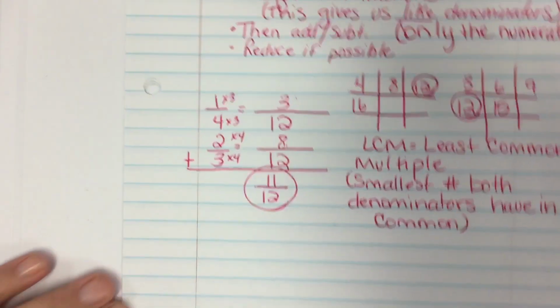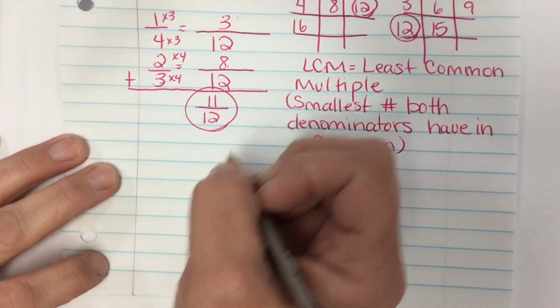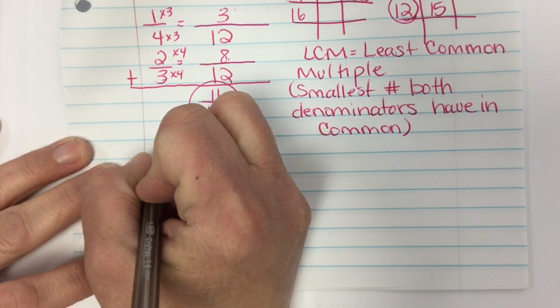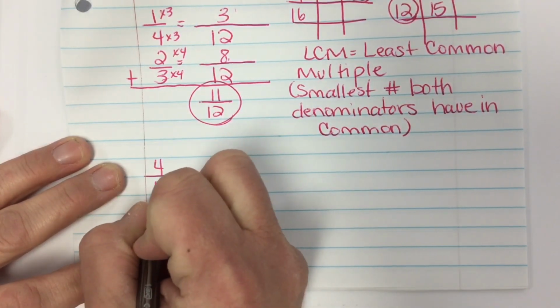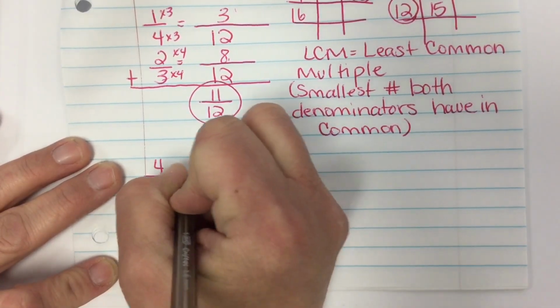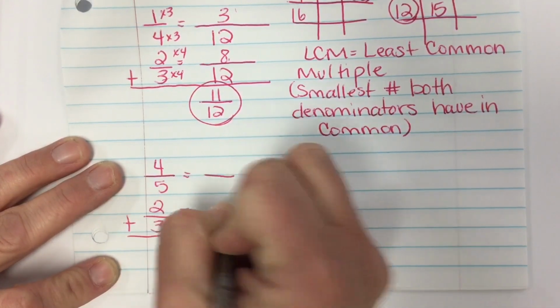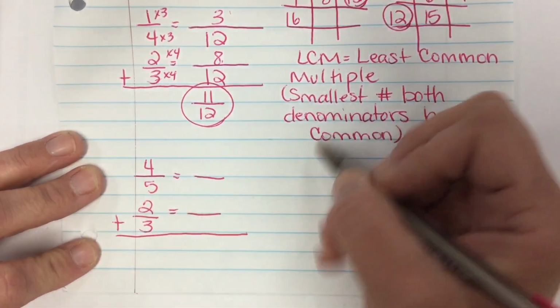All right, you try one. Let's do 4/5 and 2/3. Okay, 4/5 and 2/3. So the denominators are 5 and 3.